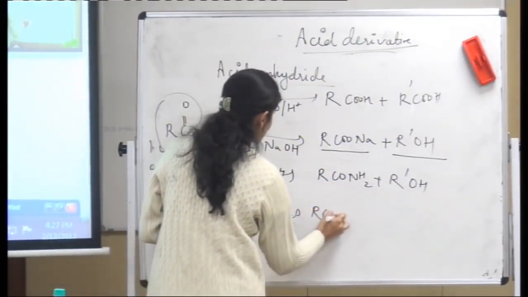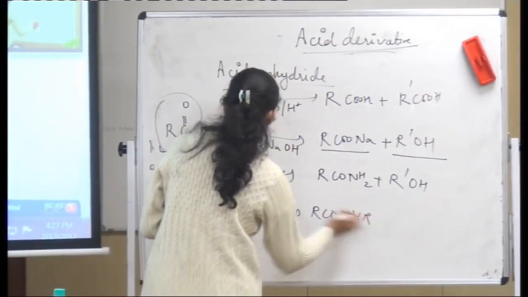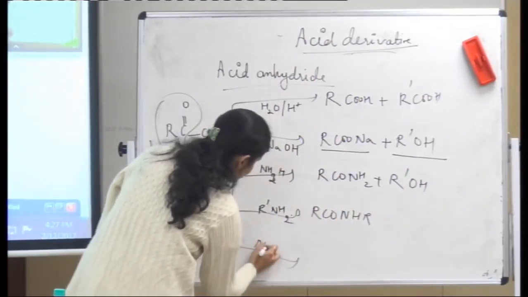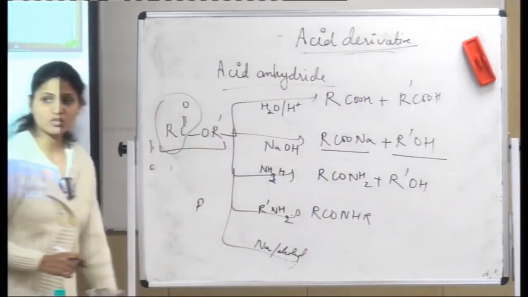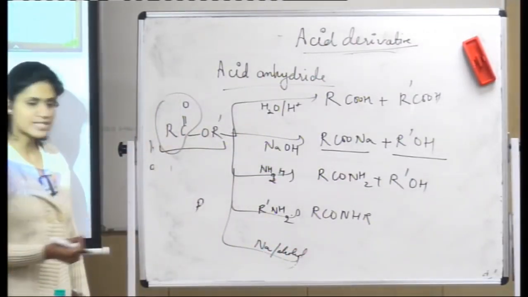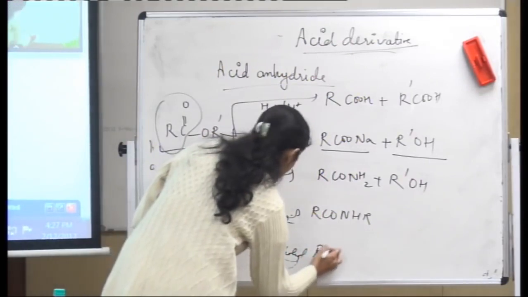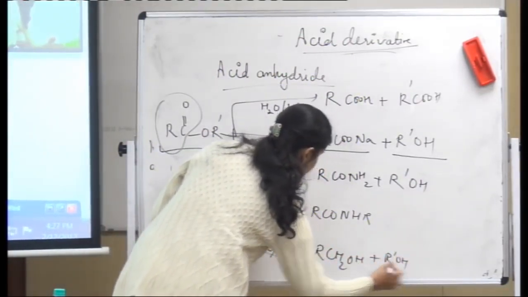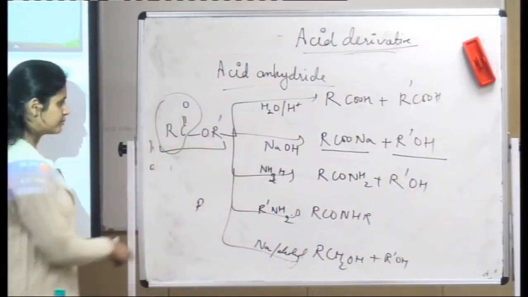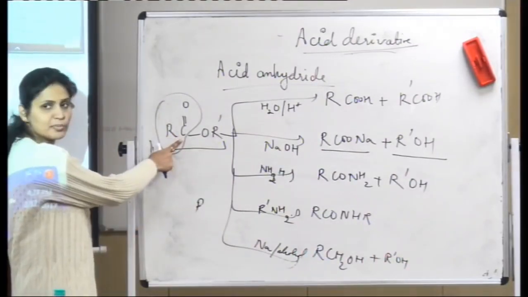It would be RCONHR. With reaction of sodium and alcohol, sodium is used for reduction purposes, and hence the product would be RCH2OH and R dash OH. Right? You are reducing the carbonyl group.